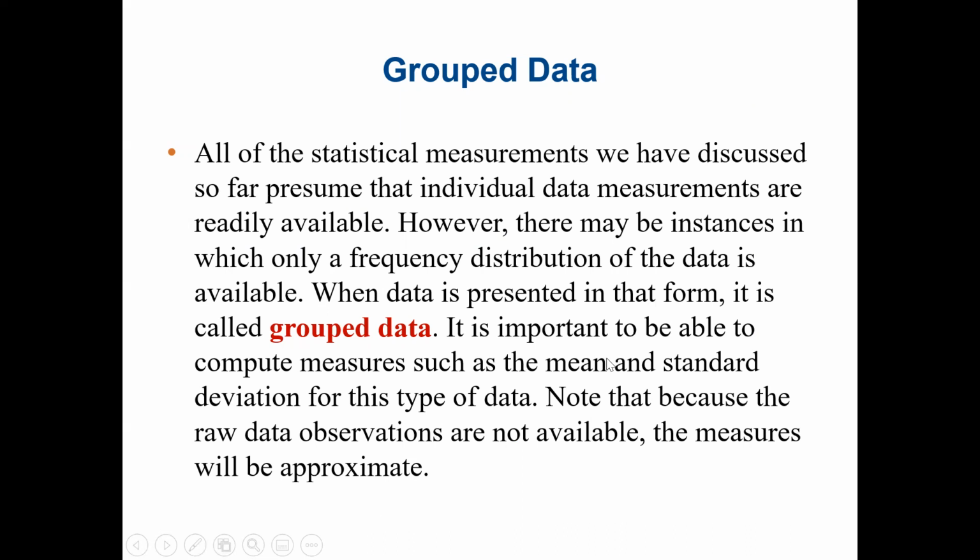Now, it's very important to be able to compute measures such as the mean and the standard deviation for this type of data. We should note that because the raw data observations are not available, the measures will be approximate. So we have 20 students with different scores. If we are specific that the first student's score is 20, the second student's score is 50, this is individual data.